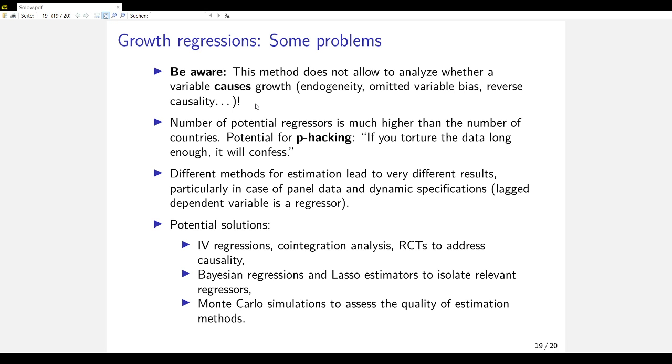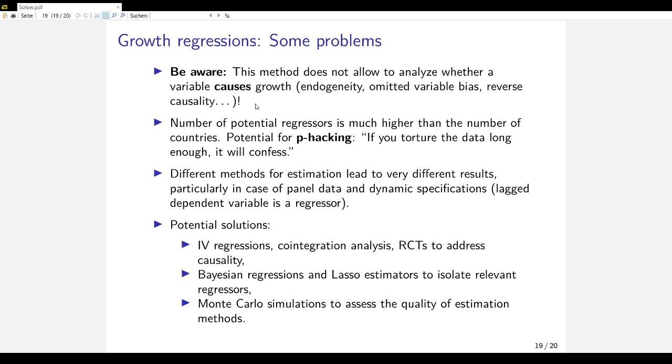So, for example, if you do these types of regressions, you can come up with a certain result rather easily by tinkering around with the independent variables that you take into the regression. And of course, this has led to many p-hacking attempts, in the sense that if you torture the data long enough, it will confess at some point. So we should always be aware of the fact that it is rather easy with these types of regressions to come up with a certain desired result.